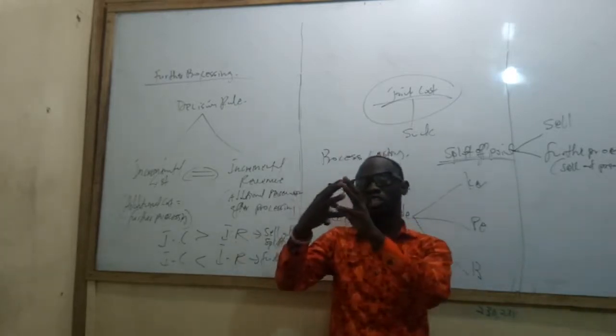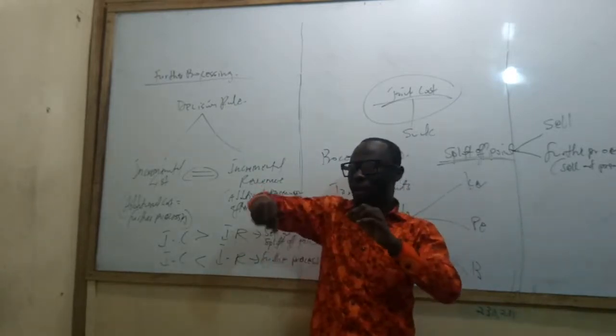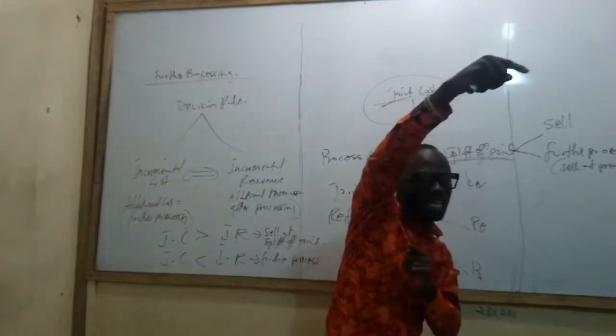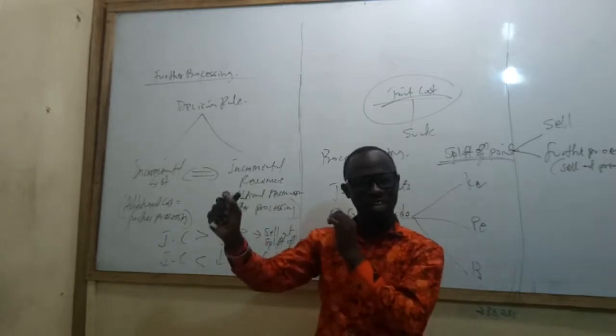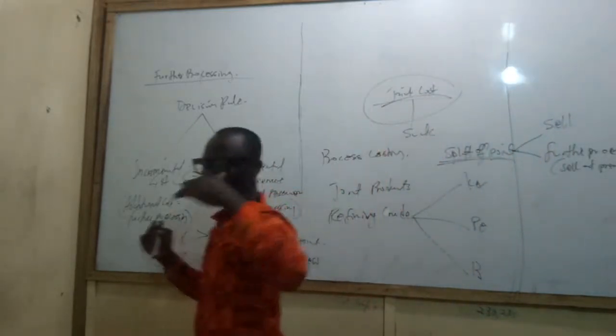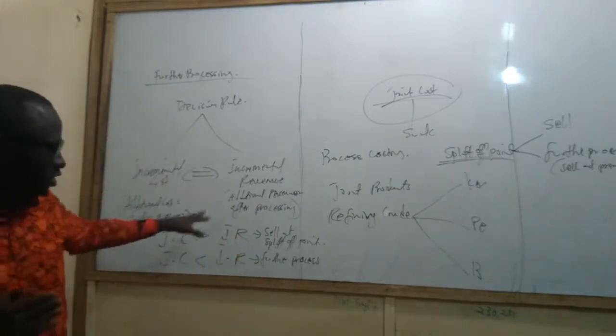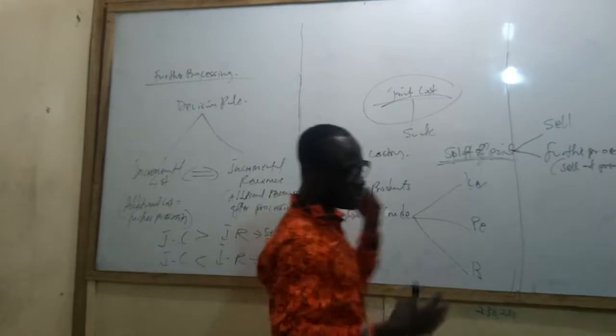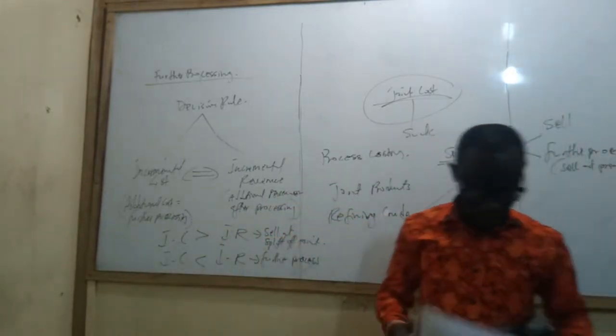And if you are producing joint products, and further processing will help you to sell another product, then even though this is breaking even, you can get the profit from the other product that is jointly produced. So yes, we could make that decision taking into consideration other factors.